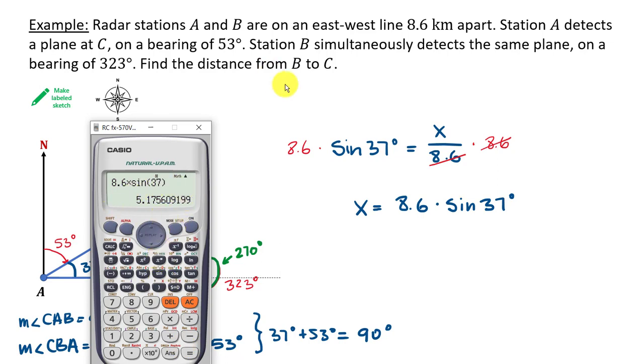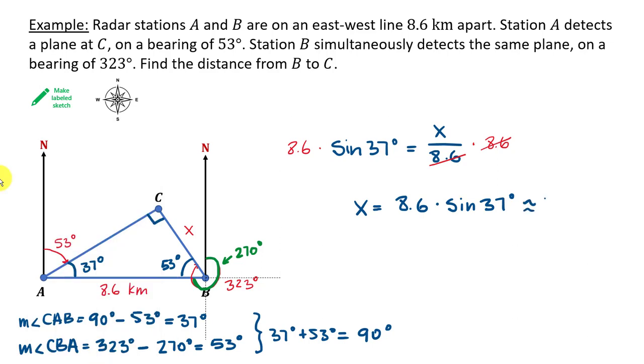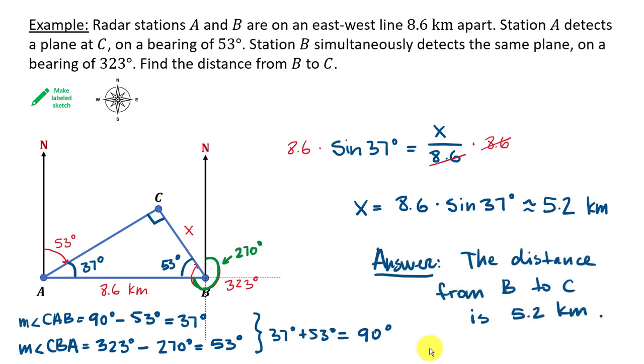In the problem, it doesn't say how to round, but since the east-west line was given to us as a decimal rounded to the nearest tenth, we're going to round the length of the segment BC the same way. So let's round to the nearest tenth, so 1 decimal place. Now, the first digit is 1, but the next one is 7, so we have to round up. It's going to be 5.2. So X equals approximately 5.2, and that's in kilometers. So the answer is, the distance from B to C is 5.2 kilometers.